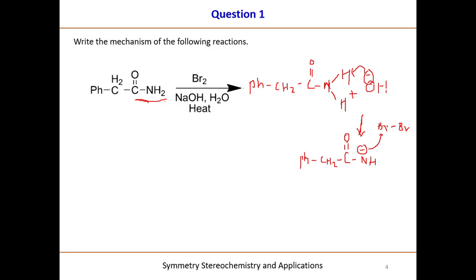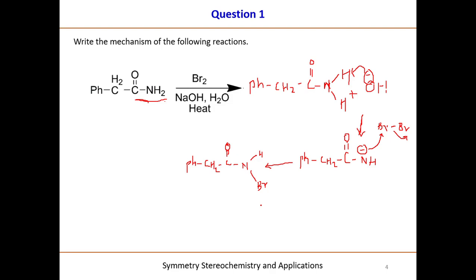Nucleophilic attack will take place, and we will get the corresponding intermediate here, which is nothing but Ph, CH2, carbonyl, NH and Br. Correct? Then this is the first step.